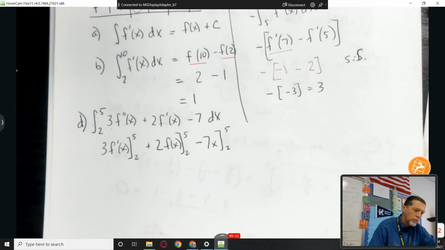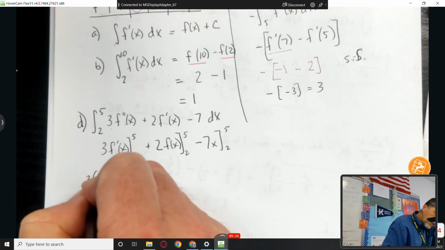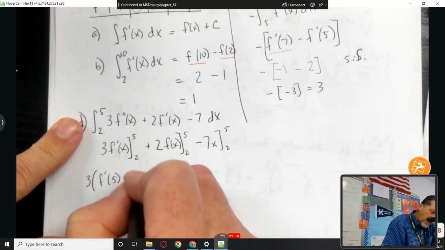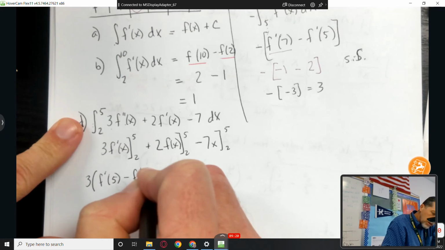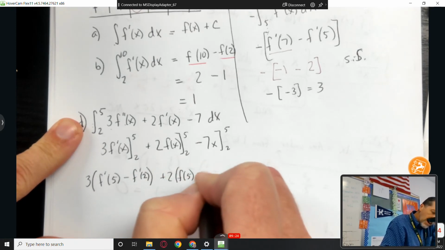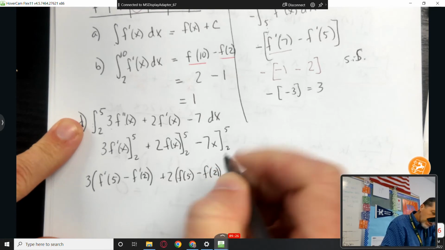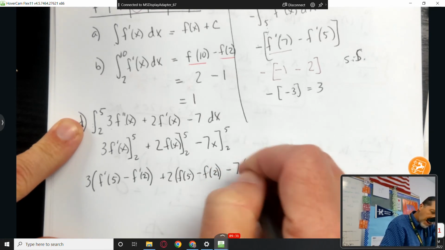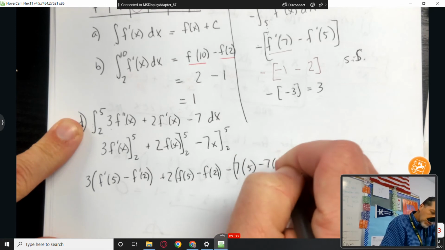So 3 times, well, we'll show our work here. F prime of 5 minus F prime of 2 plus 2 times F of 5 minus F of 2 minus 7 times 5 minus 7 times 2.